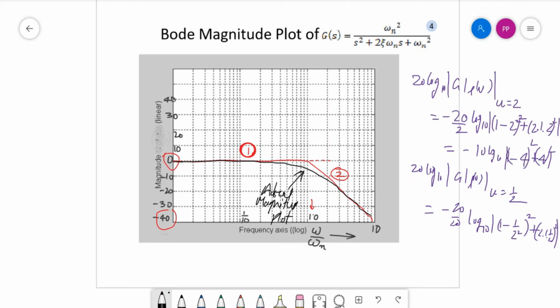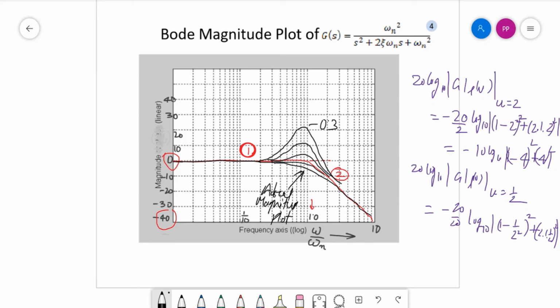So the effect of that will come as this one. This will gradually come like this. So the corner frequency will be attained like this. Maybe this is 0.3 or something.